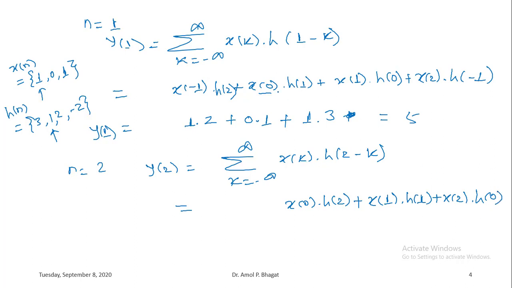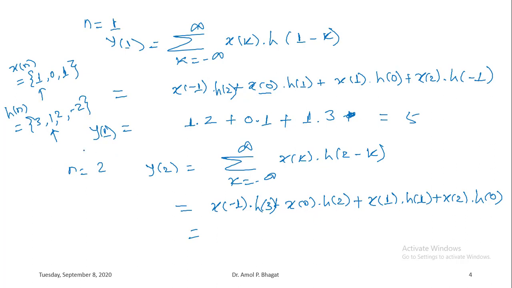X of 3 is not there in the given sequence, so I'm not substituting it. Similarly on the negative side, x of minus 1 is not there, so it will be 0, and h of 2 minus minus 1 will be h of 3 basically.